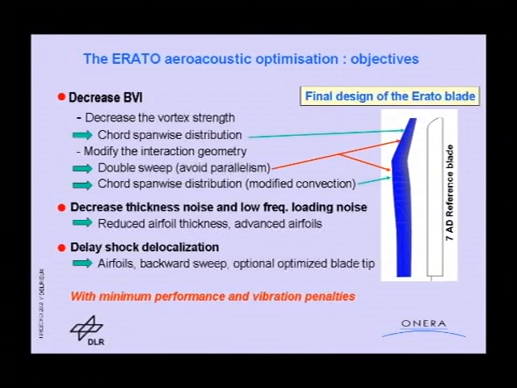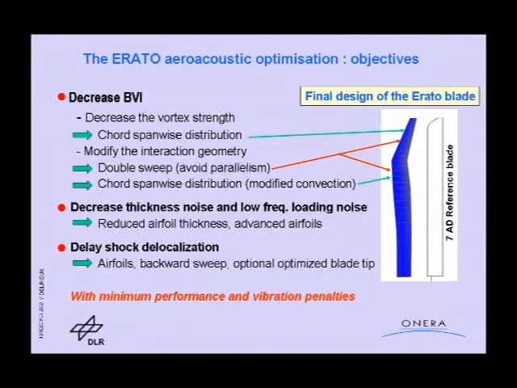You can see here the planform shape of the blade, and on the right the blade that we selected as a reference. It's the 7AD rotor, which was at the time a modern rotor with parabolic swept-back leading edge and a hydrofoil at the tip, and it has a very good performance.